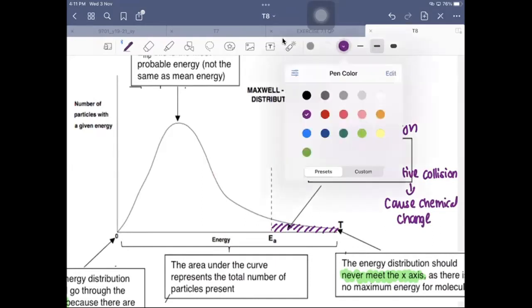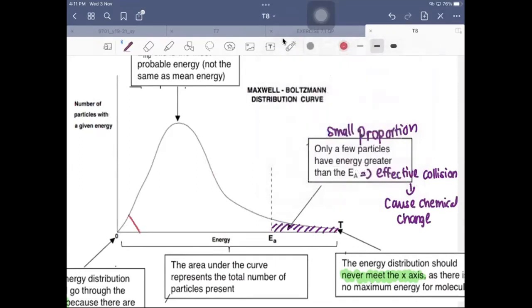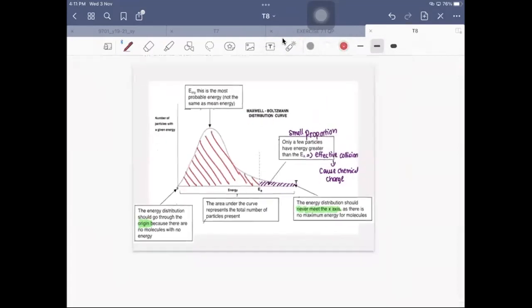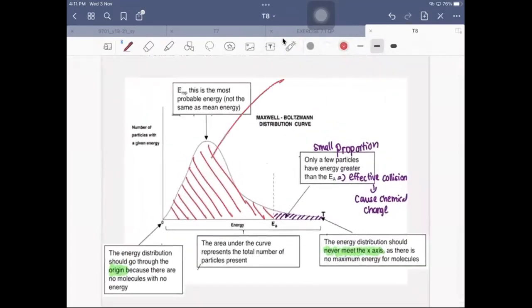Okay. Now the other side, I'm going to use a different color. So this side is pink or red. We say that these particles can collide, but ineffectively, or non-effective collision. These particles will collide non-effectively.